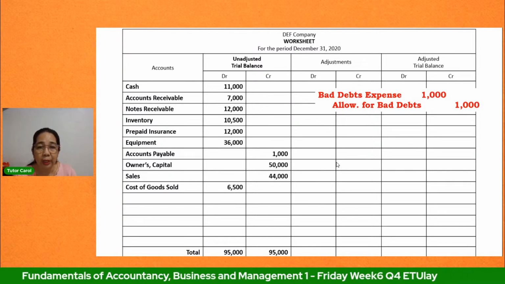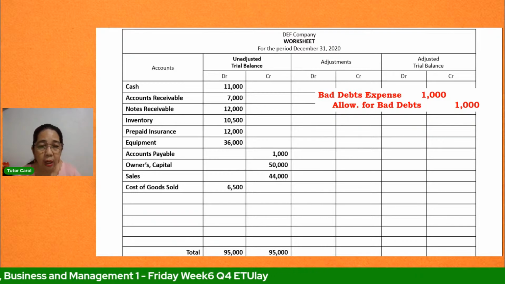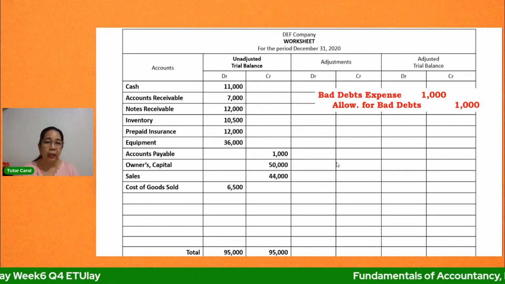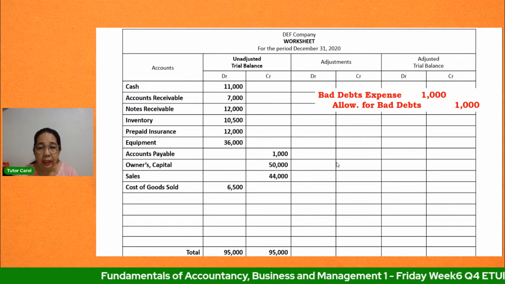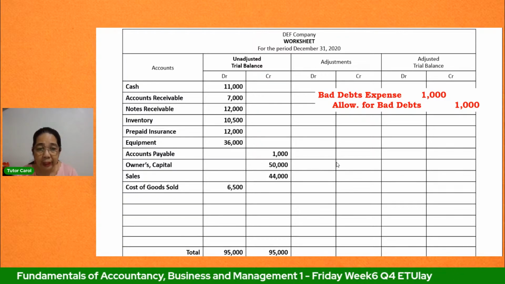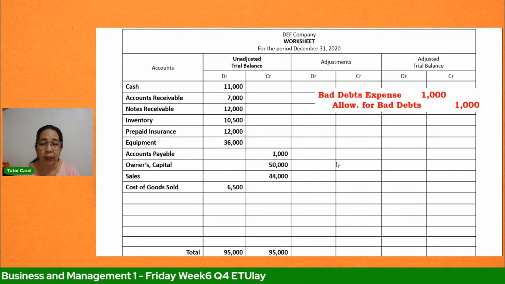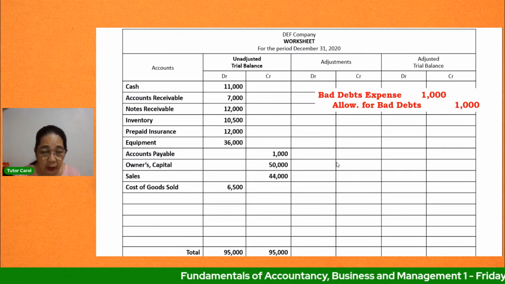And then, yung first nating adjustments, okay, debit, bad debts expense, 1,000, and allowance for bad debts. So, tingnan ninyo yung accounts ninyo kung meron na yung mga accounts na yan. Kung wala, isulat nyo sa ilalim. Okay? So, after ng cost of goods sold, ilagay nyo yung bad debts expense. And then, nasa debit yan, ilagay mo sa debit side, yung amount na 1,000. And then, after writing your bad debts expense, sa ilalim, isulat mo ang allowance for bad debts.